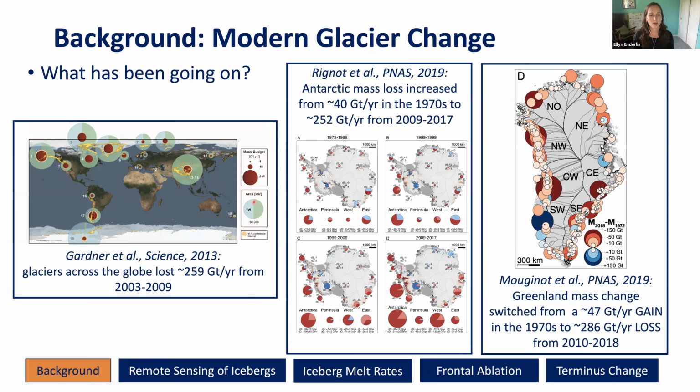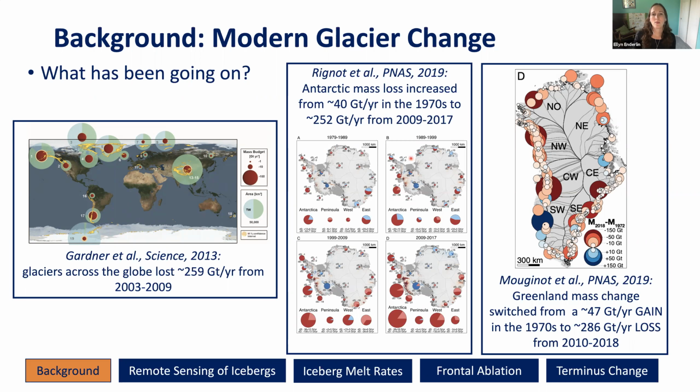This is Alex Gardner's work from Science back in 2013. It used laser altimetry to look at mass loss from glaciers outside the ice caps and ice sheets around the world, and found that basically all these glaciers lost about 260 gigatons per year from 2003 to 2009.